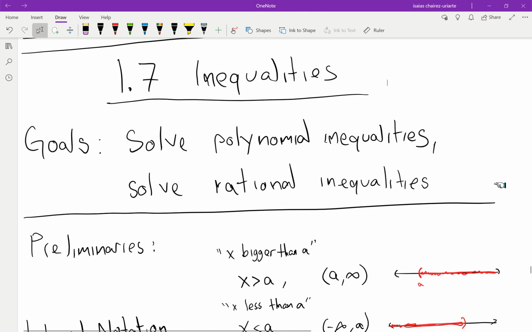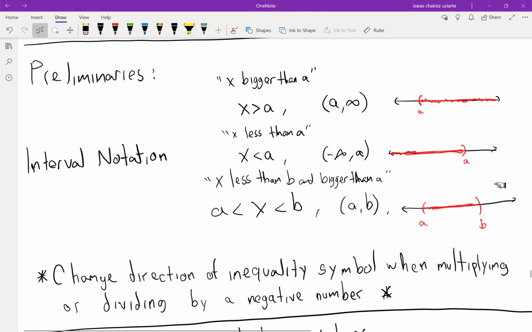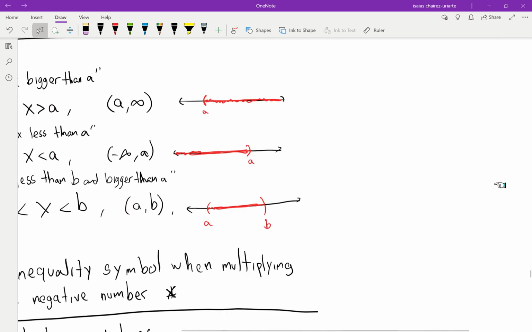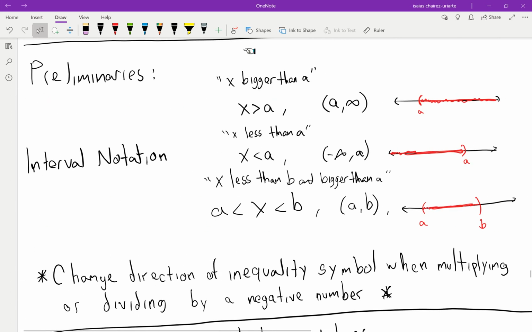All right, some preliminaries going into all of this. Definitely be comfortable with interval notation. Here I just put a few little reminders of interval notation. Here's the inequality, x is bigger than a.